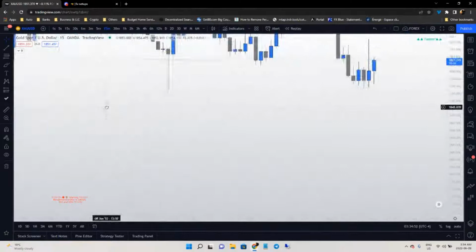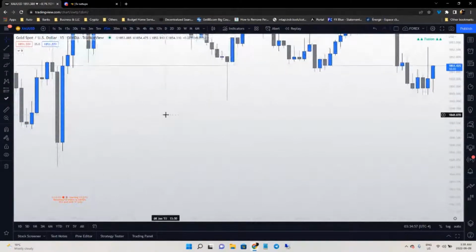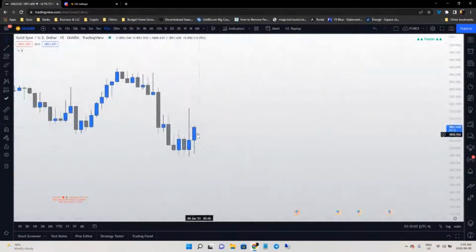So I'm pretty sure it still has some tendencies to go down. Maybe another push down, because I'm pretty sure there's still liquidity right here. So first they're going to look to go up and then continue down.